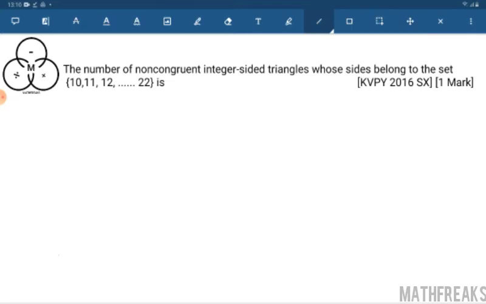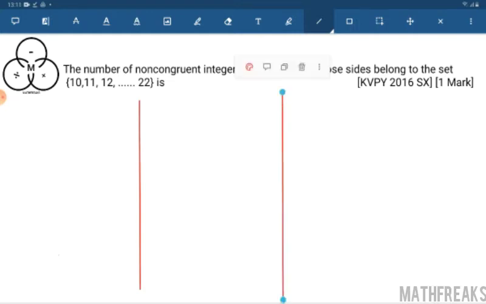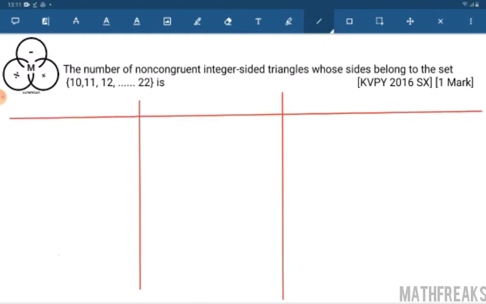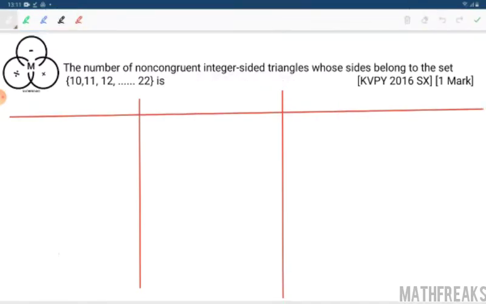Three distinct cases will be here: one for scalene triangle, another for isosceles, another for equilateral triangle.